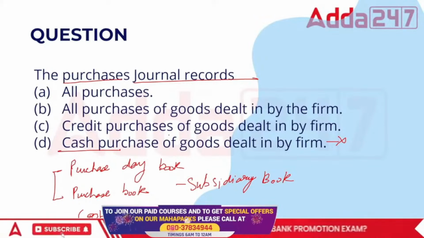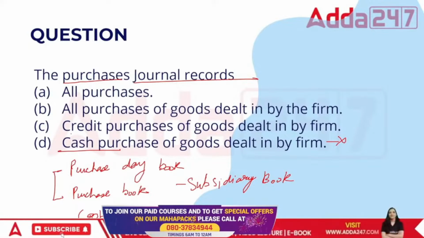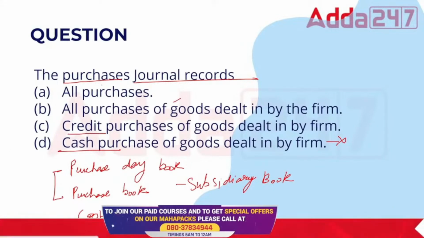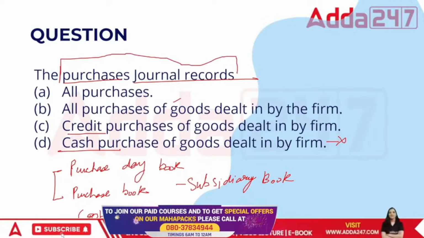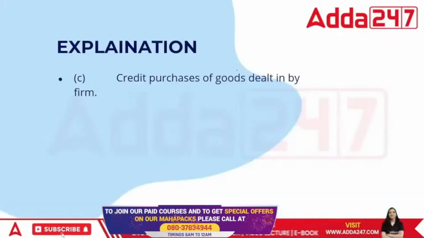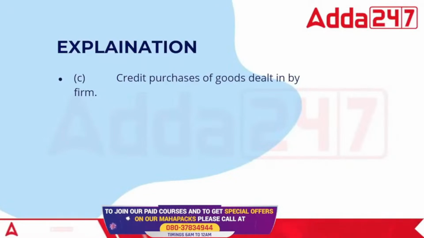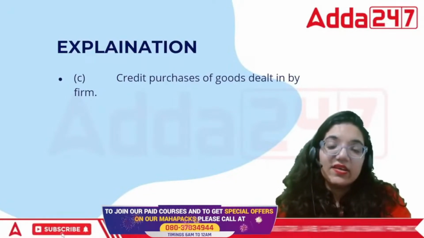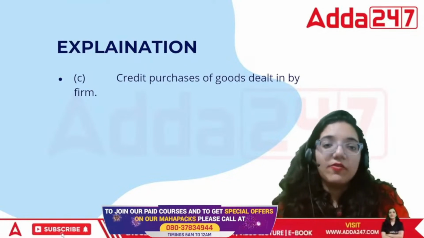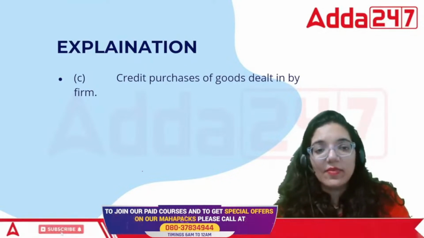In this case, cash is dealt by the cash book, so cash purchase is not to be dealt there. So credit purchase of the goods would be taken by purchase journal. It takes care of exclusively all the credit purchases, nothing else. Done? So in this case, the correct answer is the credit purchases of the goods dealt in by the firm.